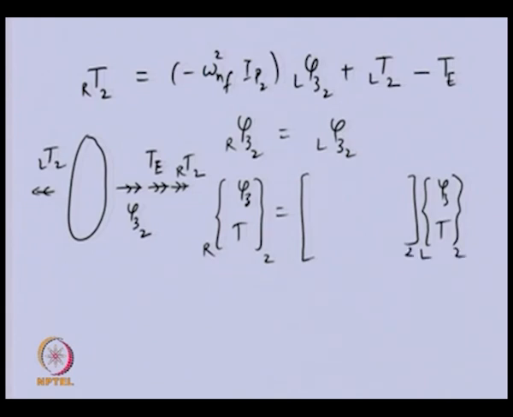This particular matrix is for disc 2, and in addition, because of the external torque, we will have another vector, because the last equation corresponds to the torque equation. So, we expect another term here, coming from the external torque, and we will have here 1, 0, 1 and minus omega n f I p. So, this was the previous point matrix. Now, because of the external torque, an additional vector is coming.